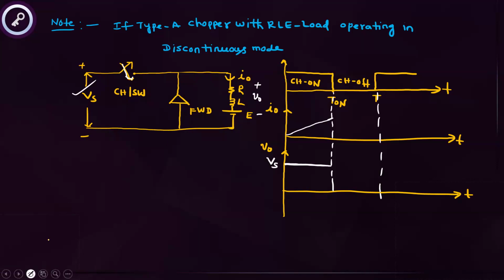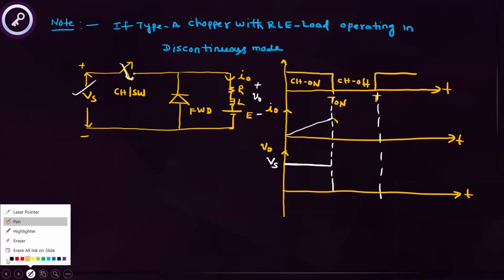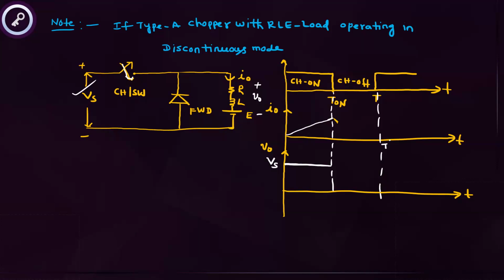Now you tell me, if the chopper is off, who is on? The diode is on. If the diode is on, the inductor is releasing its energy. Let us assume it is a discontinuous mode. Before completing one time period, the current is zero. Here the chopper is conducting; here the freewheeling diode is conducting. Up to this time, students, what is the voltage across the load?